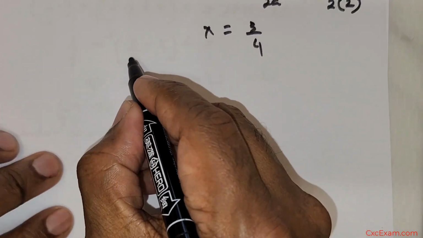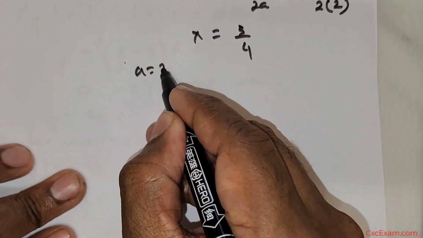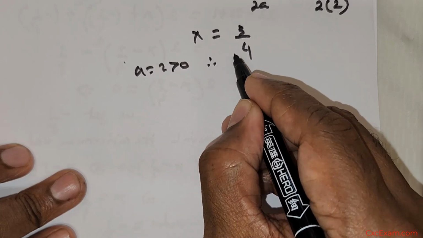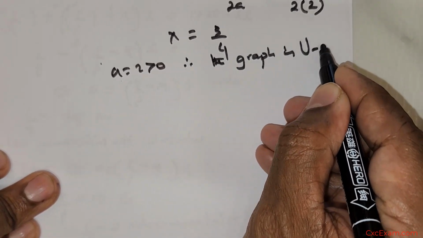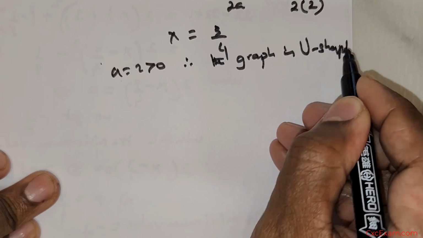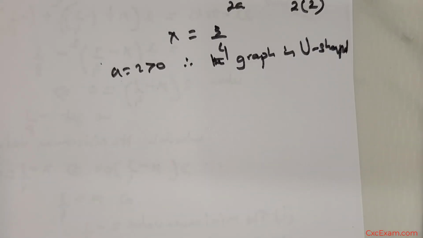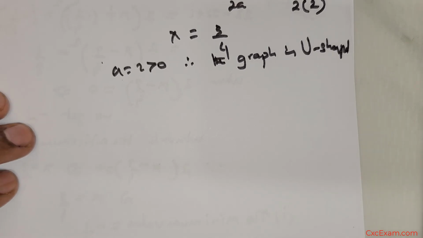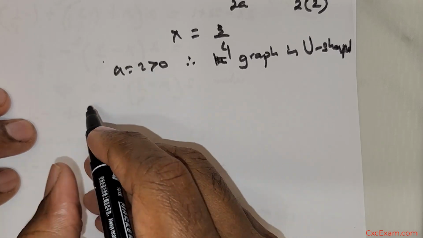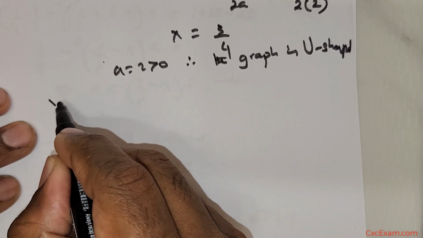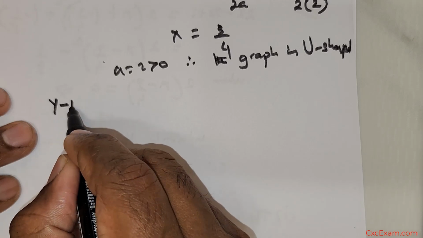Now over here, a is equal to 2, greater than 0. So therefore the graph is U-shaped. Right? Now we are asked to find the intercepts. So foremost I will get the y-intercept.